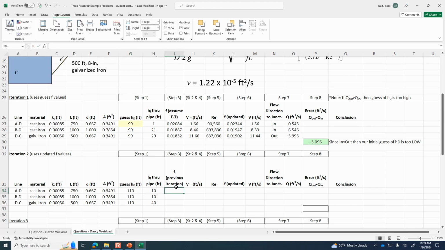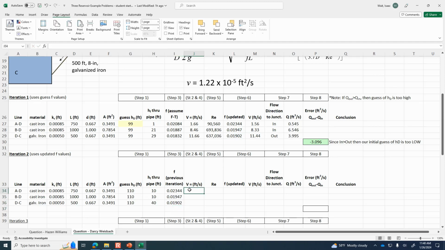All right, so the F value, we can just use the previous iteration, these values here. I'm going to say equals and just click on the previous row for pipe AD. So it is the previously calculated F value.